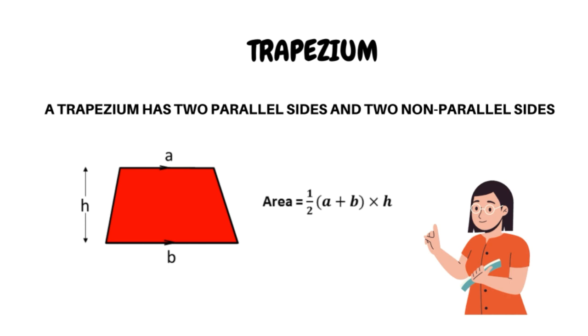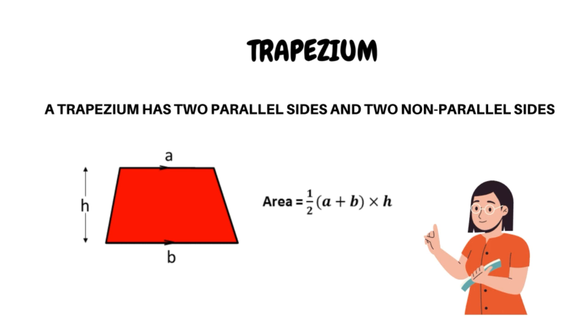Next we have trapezium. Trapezium is also a kind of quadrilateral, so it has four sides. A trapezium has two parallel sides and two non-parallel sides. If we know the measurement of its two parallel sides and the distance between the parallel sides, we can calculate the area as half the sum of the measurements of its parallel sides into the distance between them.